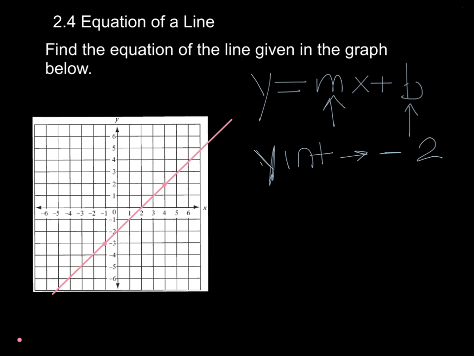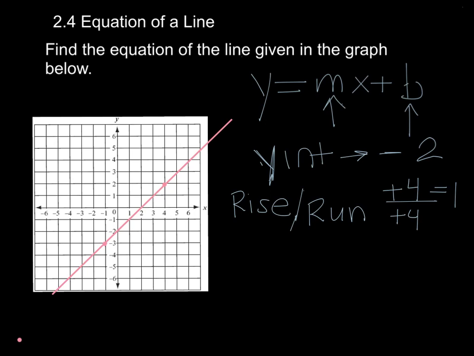So our rise over run is going to be +4 over +4, or 1.